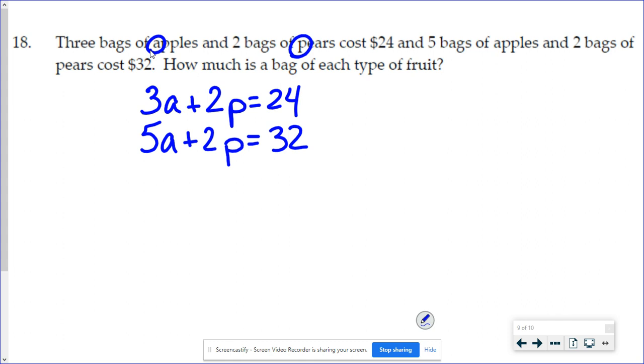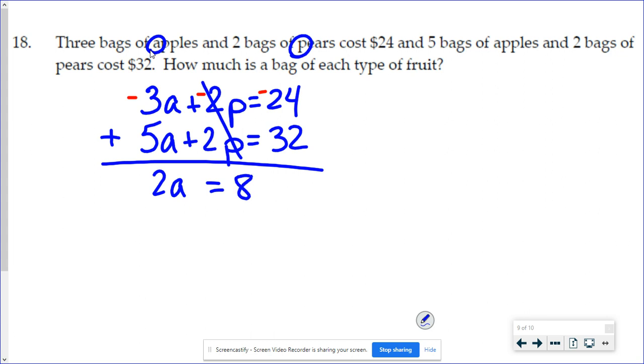This is one of those where I need opposites. I'm going to multiply by a -1, or I'm just going to do a change, change, change. And now I can add. This is 2a, gone, equals, this is 8. So A is 4, which means that a bag of apples is $4.